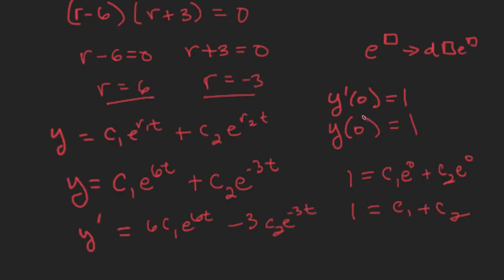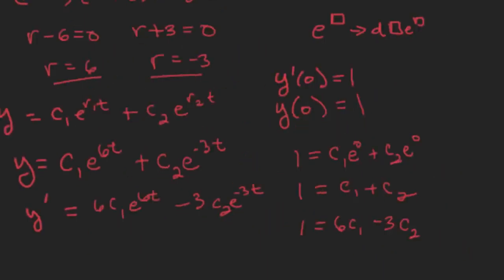Using the same conditions there, we would get 1 equals 6c1. E to the 0 then becomes 1 plus, or actually minus 3 c2. Sorry, not 3t. Early in the morning, brain needs to wake up. So it'd be c2 there, e to the 0t.